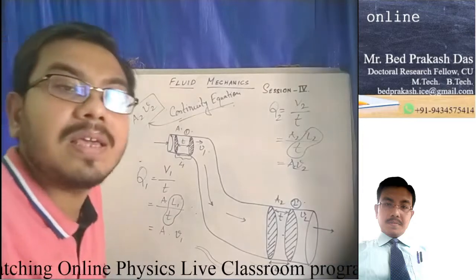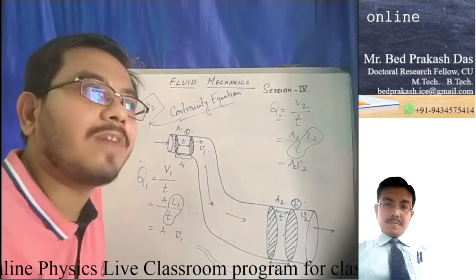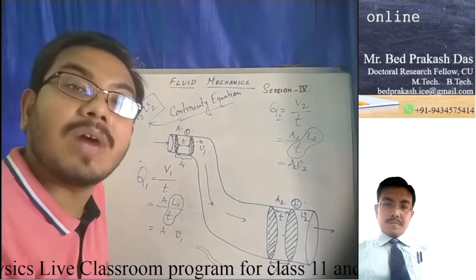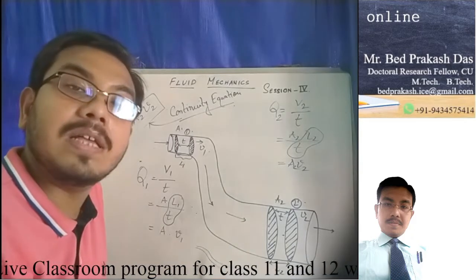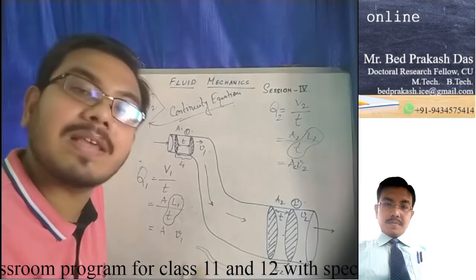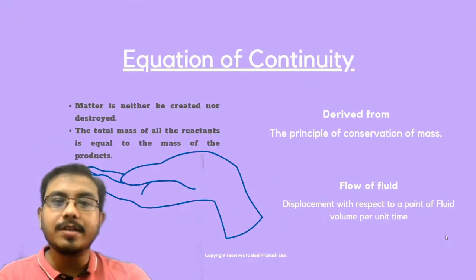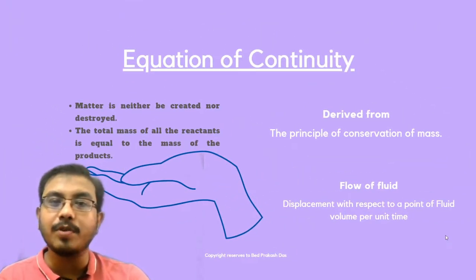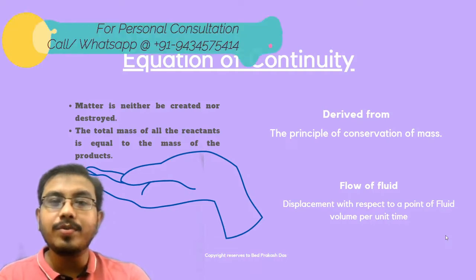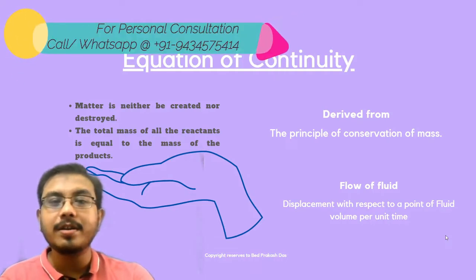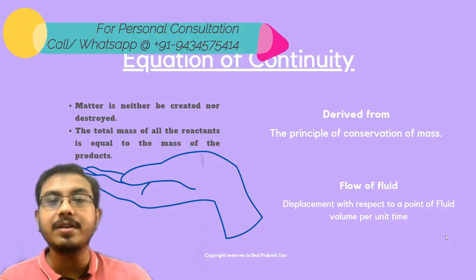It can also be understood in the case of a hydrant, that is the watering instrument installed beside the street. So let's have a look on this. We have understood the continuity equation formulation. Now we are interested to know about the different applications in the real world.